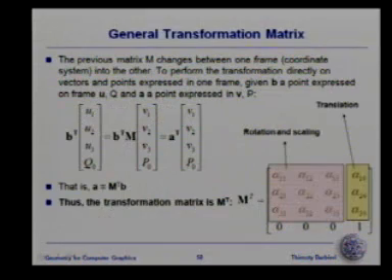This is the general form of the matrix. To go from B to A, you actually have A equals transpose of that matrix to B. Therefore, you have the transformation matrix, which is this.